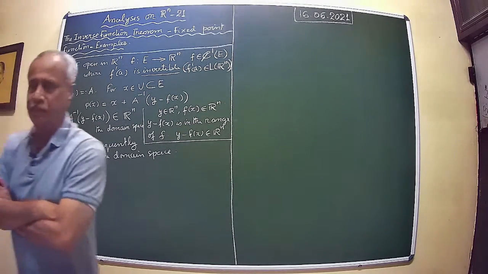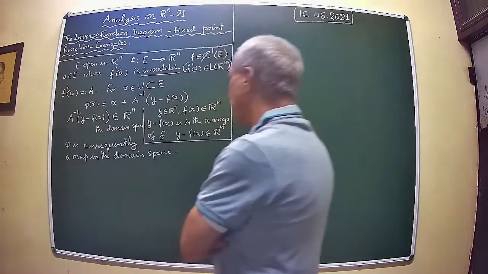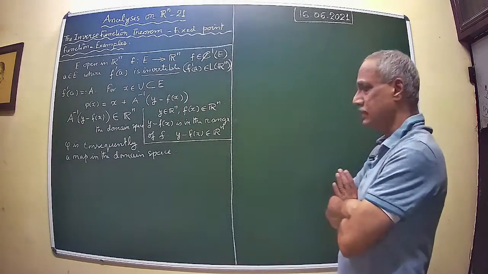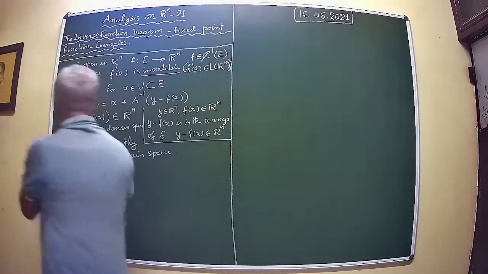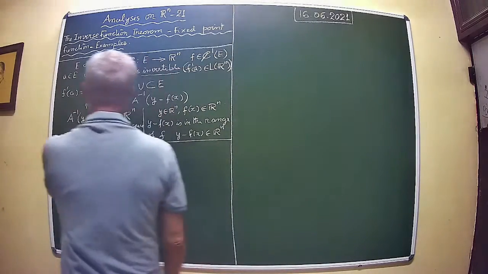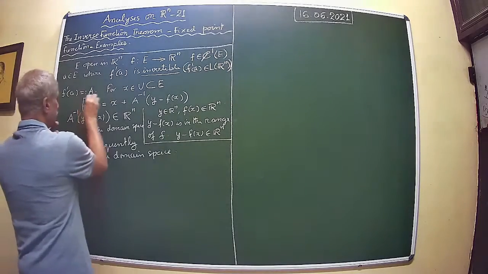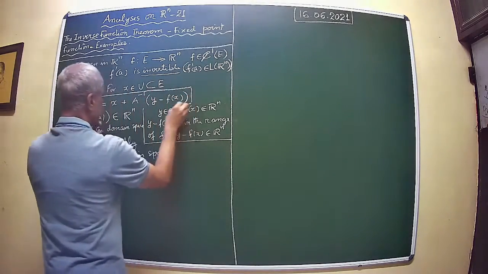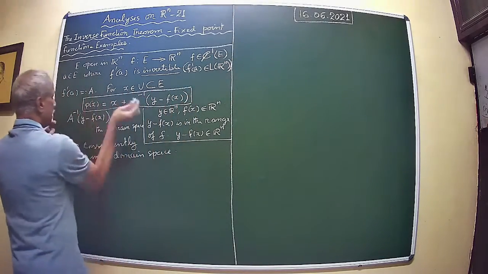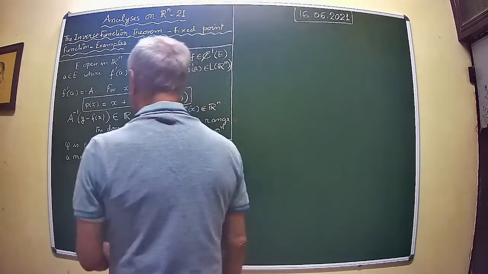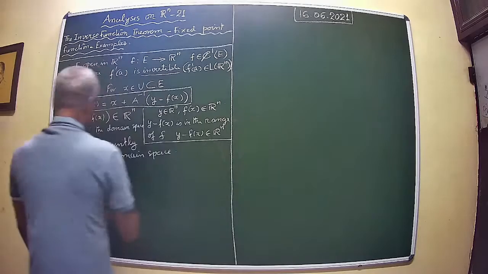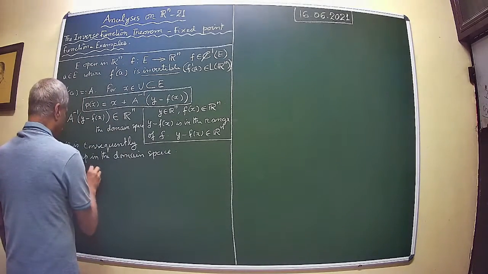So phi is a map from Rn to Rn, which is the domain space. Okay, let us look at this map. Let me rewrite the whole thing. If I rewrite this, this is what it is.